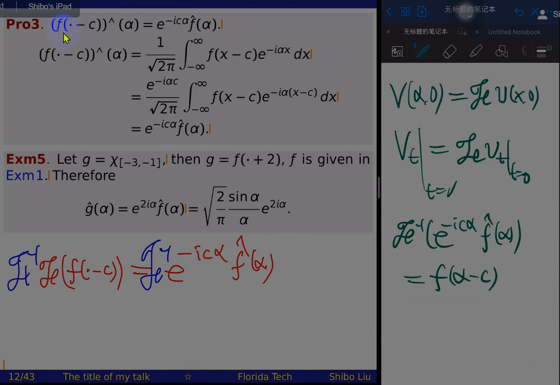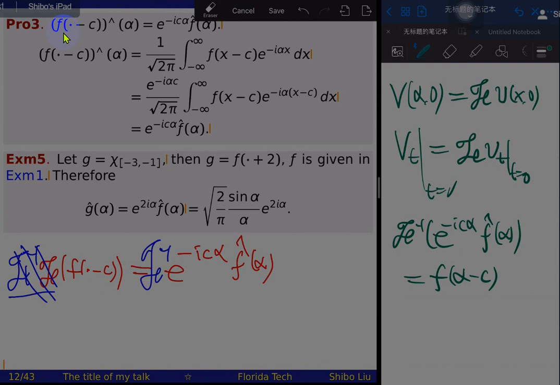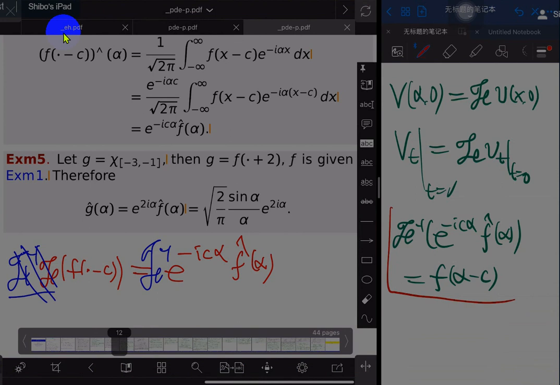You applied Fourier transform and then Fourier inverse transform. These two applications cancel. You only have your function. So we need this result. We write it here.